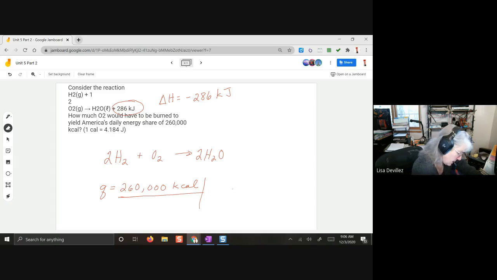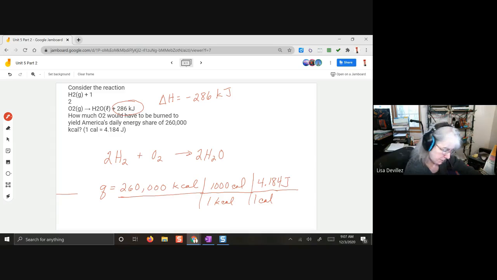Let me just do it this way. All right, 1 kilocalorie is 1,000 calories. 1 calorie is 4.184 joules. Oops. Okay, that's why, because that 1,000 will cancel out.